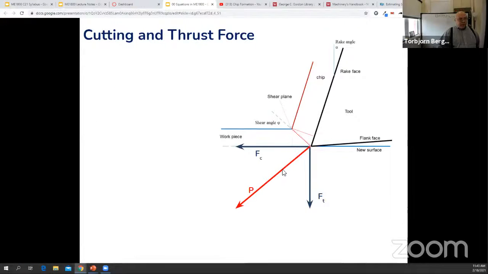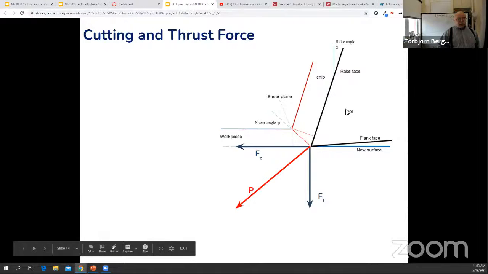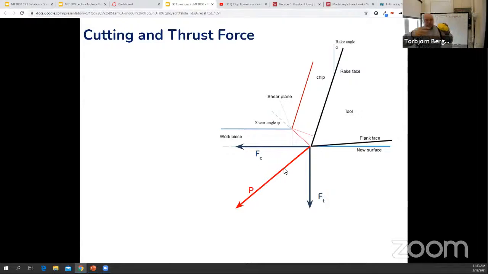This force here is what the tool pushes on the workpiece with. So the tool pushes on the workpiece, and the workpiece pushes back on the tool because it's not accelerating across the room, right? So there's a force here. The nice thing about every force is we can break it up into orthogonal components.